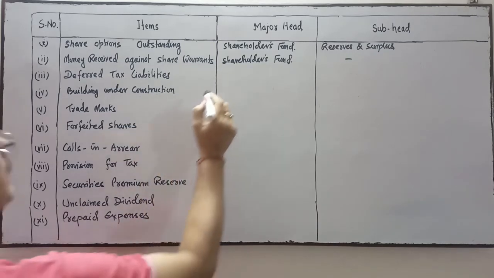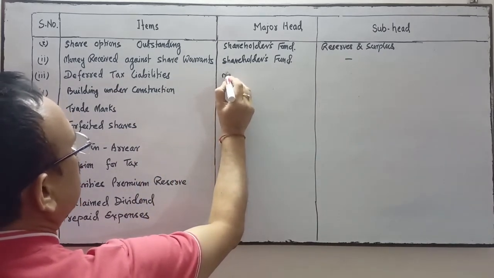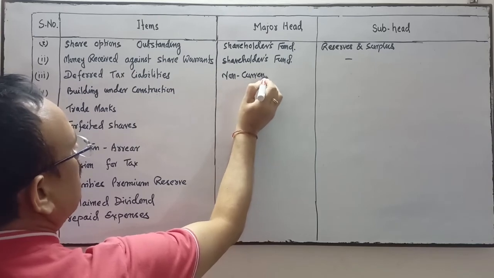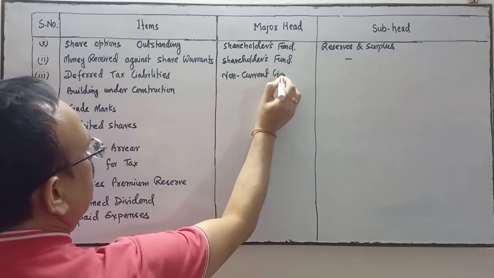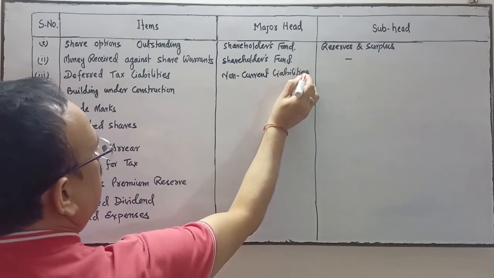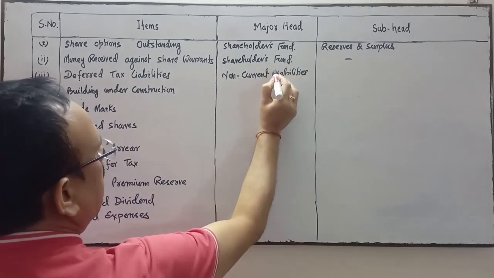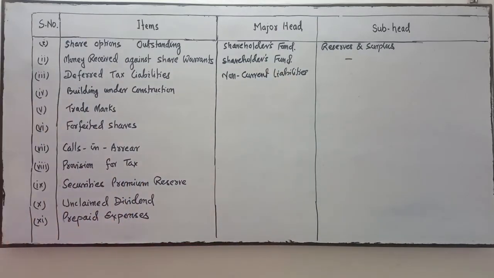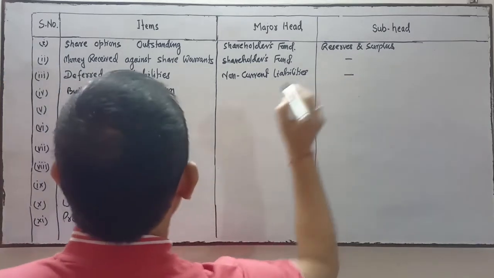Deferred tax liability comes under the non-current liabilities. Okay, there is no subheading of it.